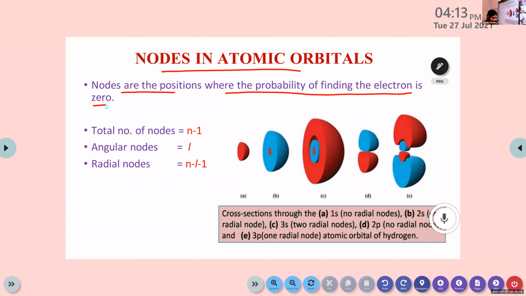We learned that atomic orbitals consist of electrons. They are located somewhere, right? That's the meaning of probability density. But nodes in atomic orbitals are the positions where the probability of finding the electron is equal to 0.